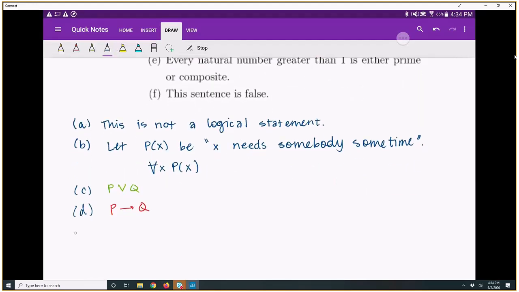And then E, every natural number greater than 1 is either prime or composite.